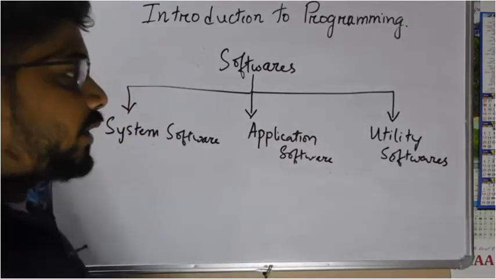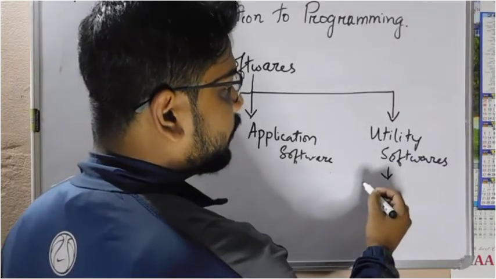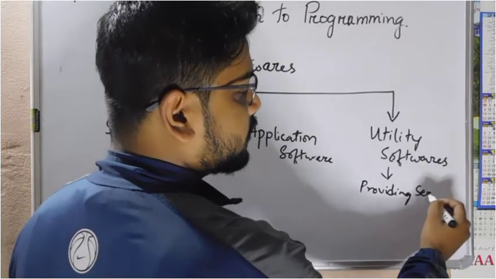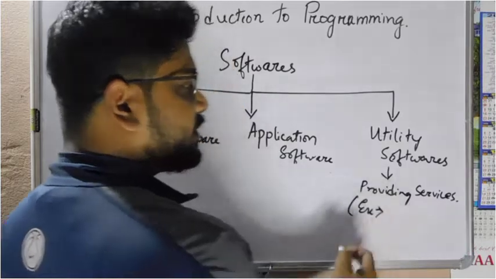Then we go to the third part, that is utility software. Now utility means what? Providing services. Let us go through some examples of utility software.